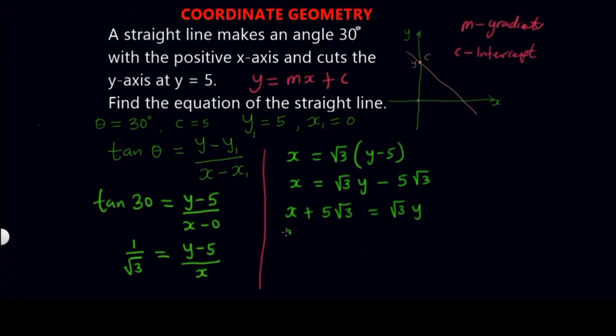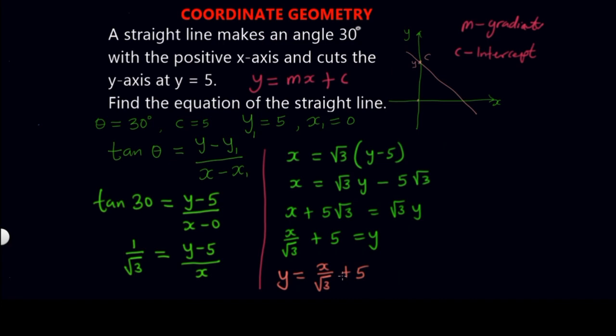That means we have x over root 3 plus 5 equals y, and we can then say that our equation of straight line that we are looking for is y equals x over root 3 plus 5.